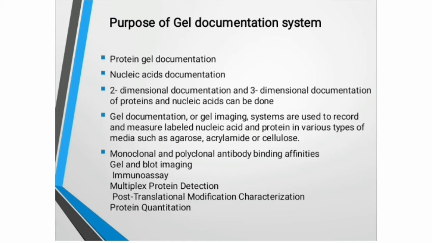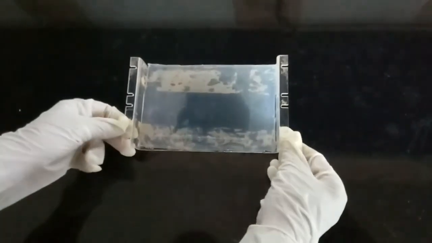Monoclonal and polyclonal antibody binding affinity studies can be done. Gel and blot imaging techniques can be studied. Immunoassay can be done. Multiplex protein detection, post-translational modification characterization and protein quantification can be done with the help of the gel documentation system.